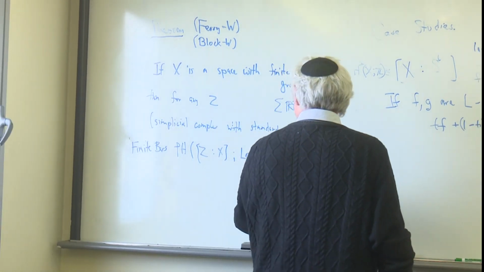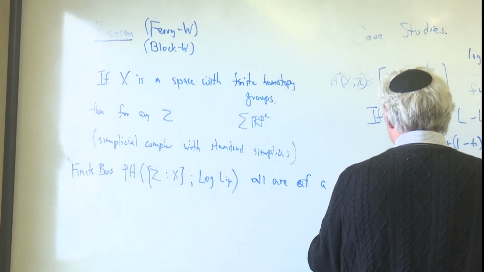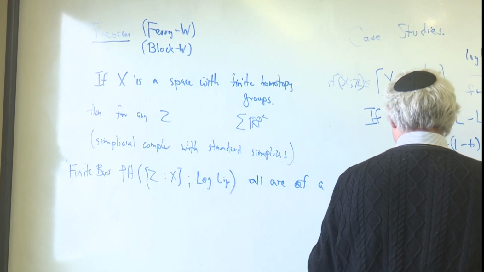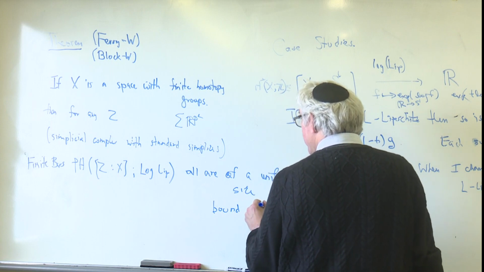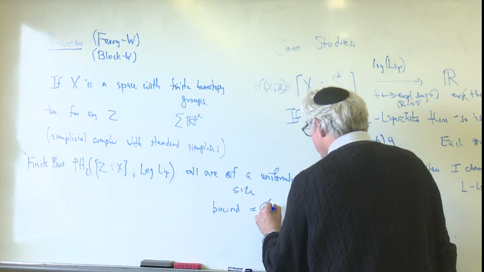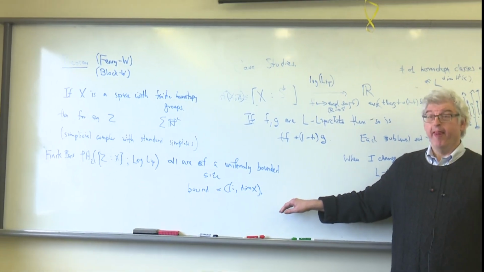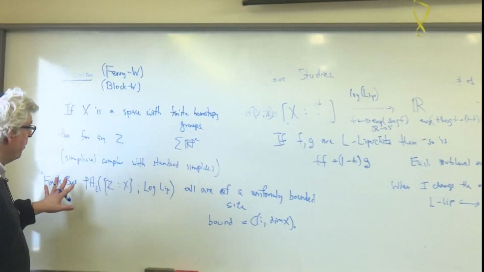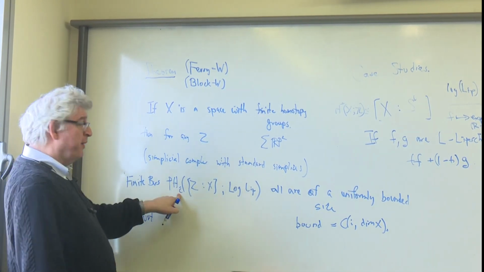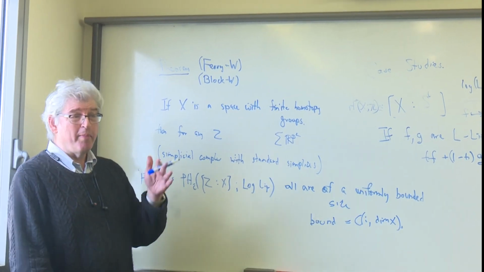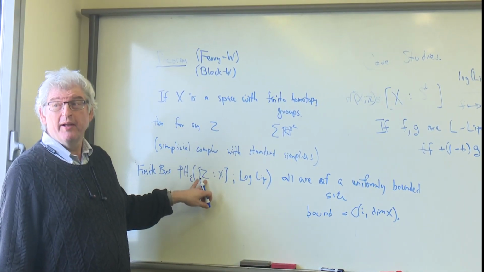okay, that these finite bars all are of a uniformly bounded size, where the bound is some constant depending on i and the dimension of X. And furthermore, the ith homology, so when the i goes up, the lengths might go up, and also if I have a higher dimensional simplicial complex mapping in, that enters.